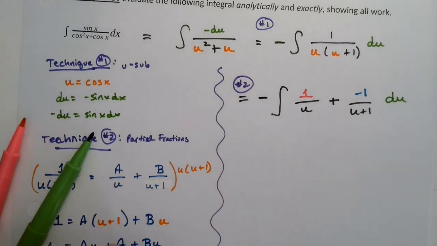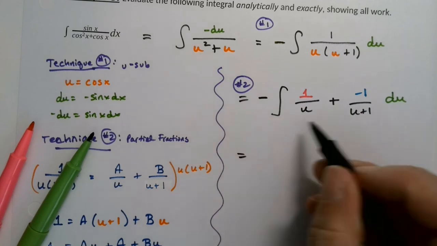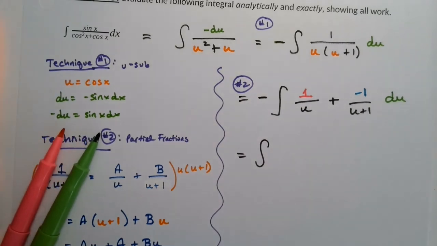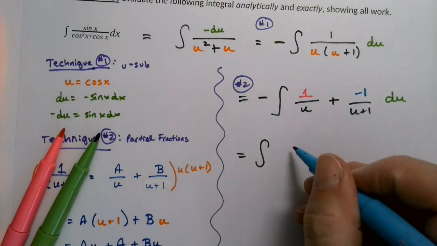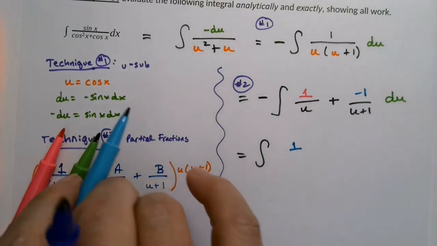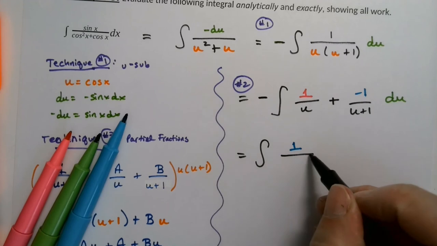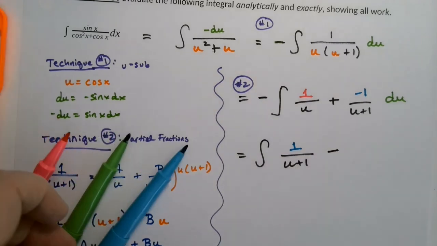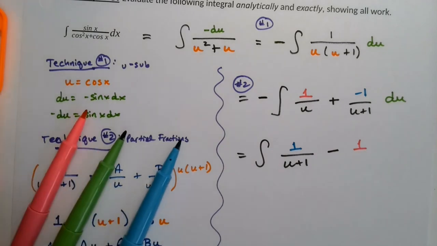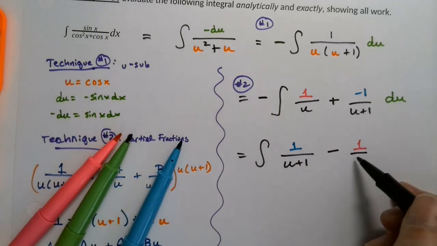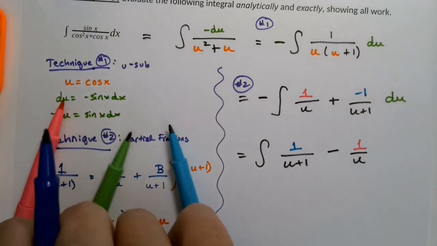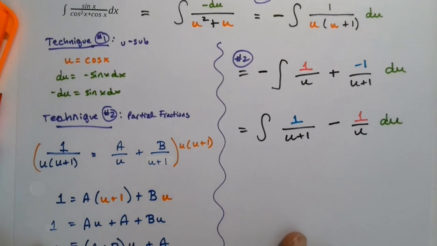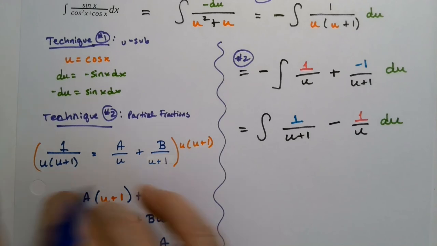So I'm going to distribute that negative onto the blue one, which was negative 1, and make it positive 1 over u plus 1 minus 1 over u du. I'm just rearranging the order so that I don't have to deal with the negative in front of the entire integral.